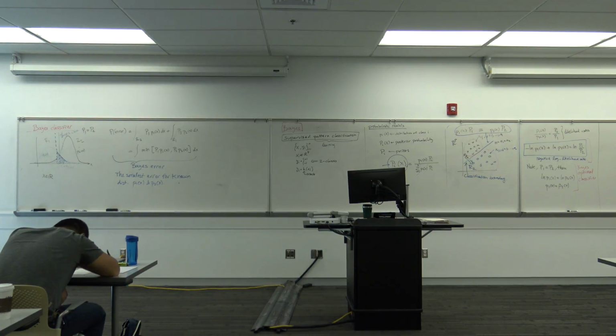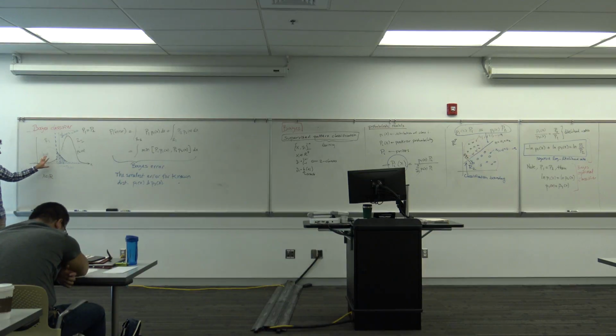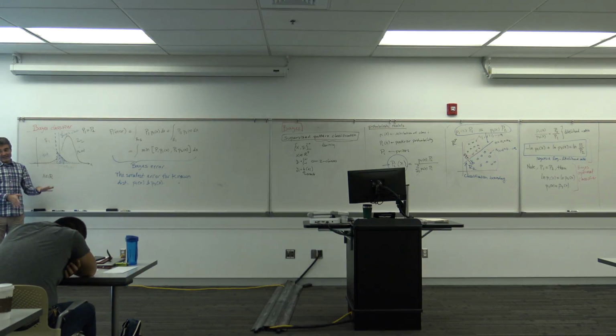But that is what machine learning and pattern recognition are all about, estimating that underlying distribution. That's what this course is all about. In classification, if I can get a good estimate of my underlying distribution, then I know how to solve the problem.